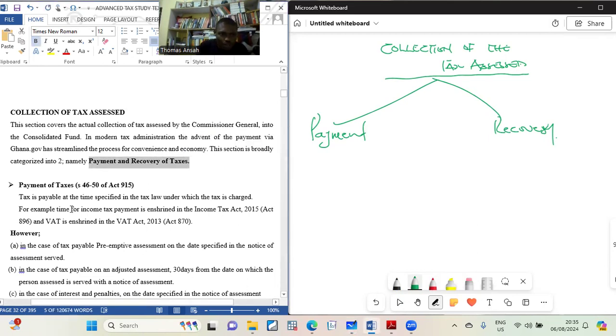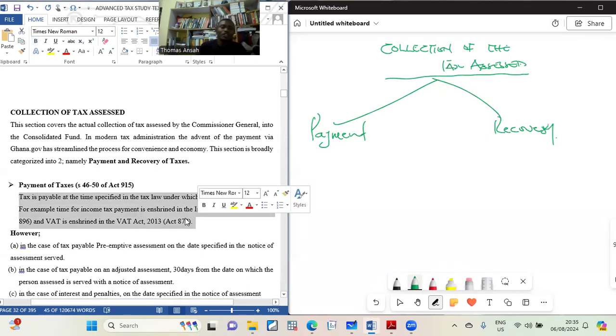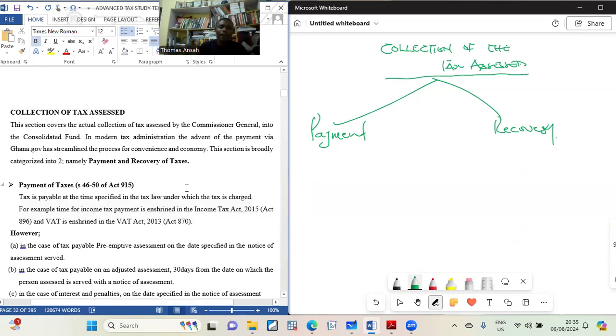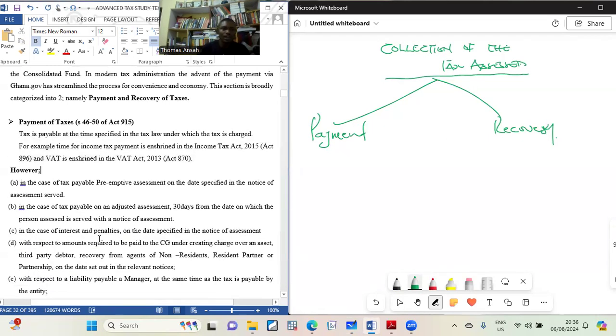All right. So now let's talk about the payments. All right. So you can pay. I mean, whether VAT, we said the VAT and the income tax are now collected by the DTRD. So whichever one it is, you can actually go ahead and pay. So we said that the tax is payable at the time specified under the law.